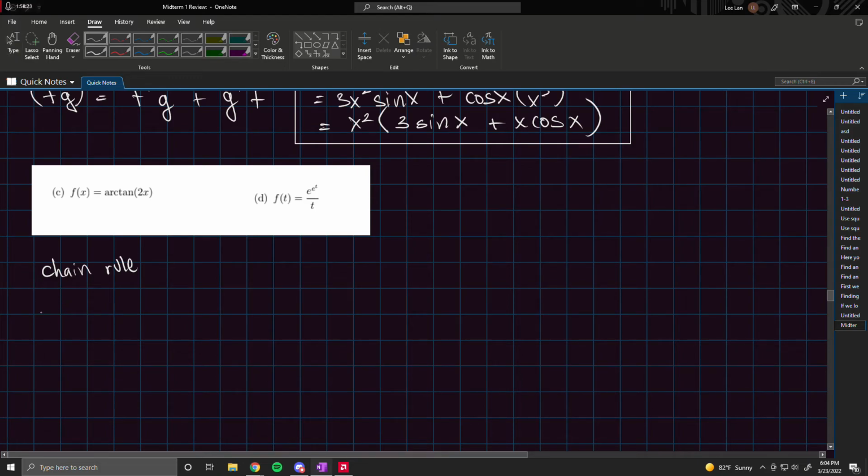What I like to do is identify the outer function. In this case, it's going to be arctangent of x. And then the inner function will just be 2x.